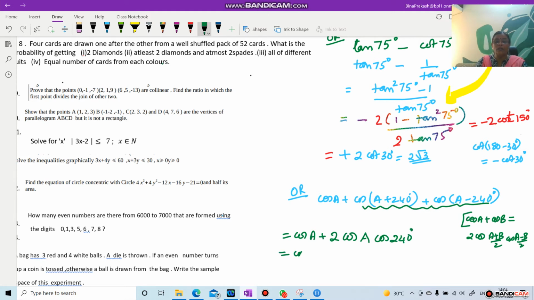Now the question is, how do we get the value of cos 240 degree? Again, express the value cos 240. What is 240 degree? It is 180 plus 60 degrees, isn't it, in the third quadrant.